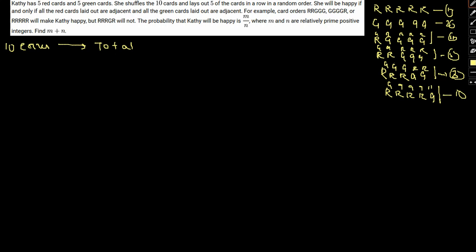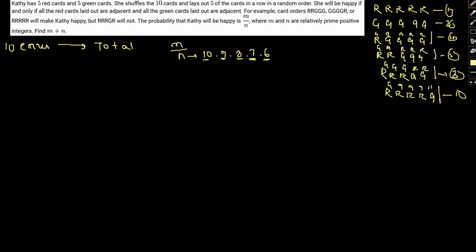So with that said, one thing we can be sure of is that for m by n, the denominator n can be something like 10 into 9 into 8 into 7 into 6. Since cards are chosen without replacement, initially we have all 10 cards, then one card is reduced, then another card reduced, subsequently another, and another card reduced.